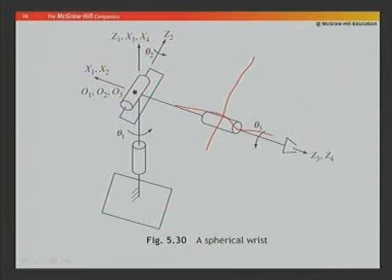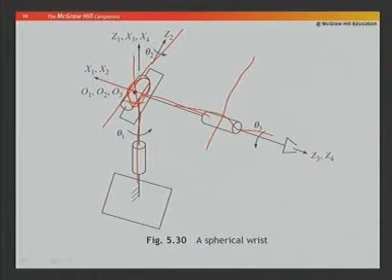Notice here the vertical axis, the perpendicular axis, and the third perpendicular axis. All of them are intersecting here, which I have denoted as O1, O2, O3. This is called the wrist, as you will see in my wrist now.